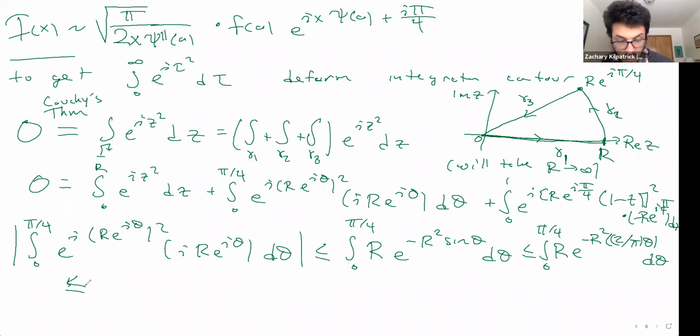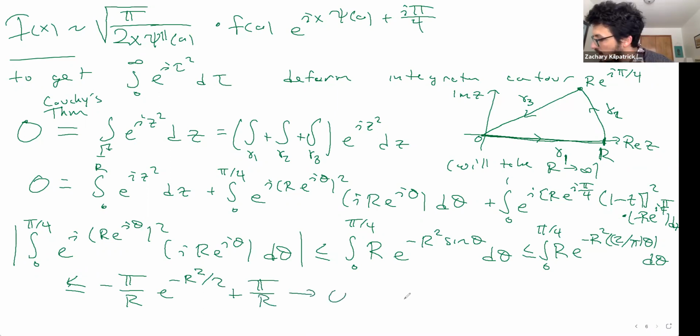And then lastly, if I integrate this up, I get minus pi over r e to the minus r squared over 2 plus pi over r. Everything's going to decay to 0 as r goes to positive infinity. So just by a sequence of boundings, now I've ruled out this part of the integral. So essentially, this integral now is just going to equal whatever this is. And this is a doable integral here, even though it looks a bit complicated.